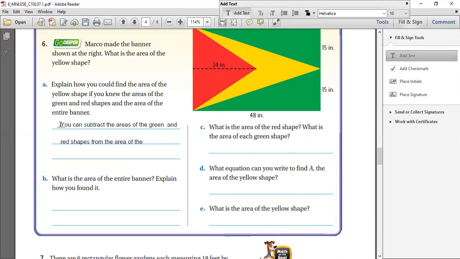In fact, it should be from the total area of the banner.